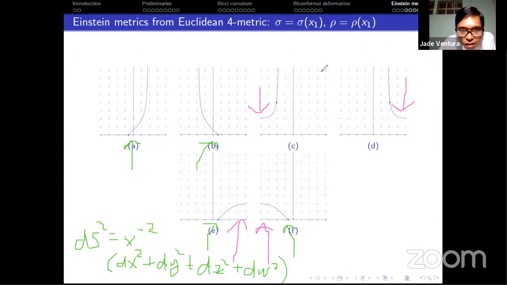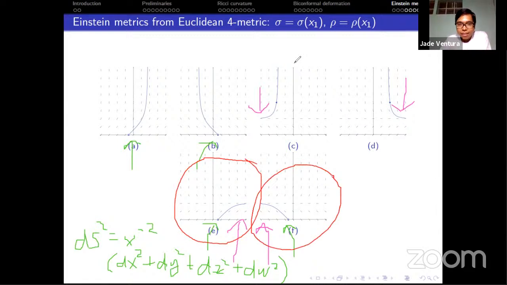And in particular, for these two families, so these are the families that I described in the abstract of this talk.